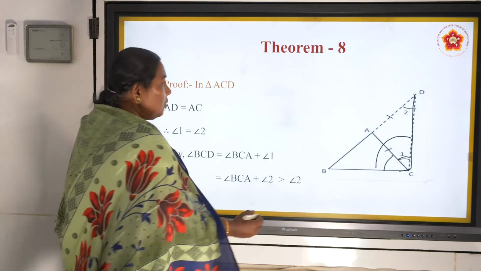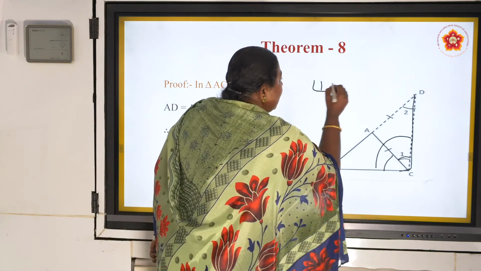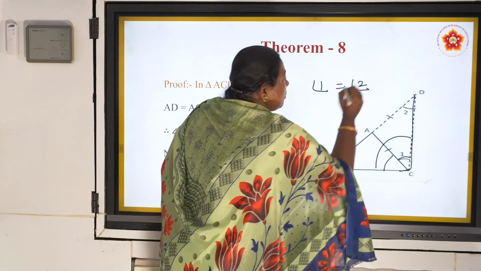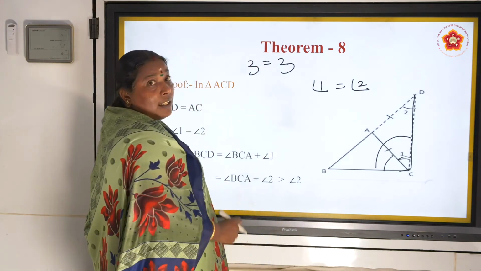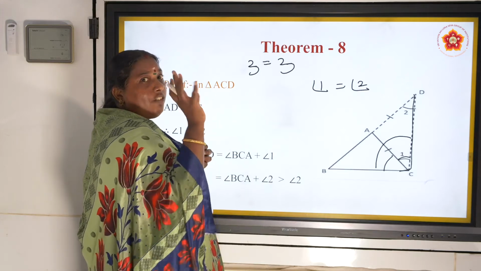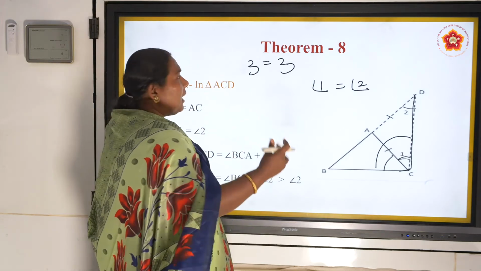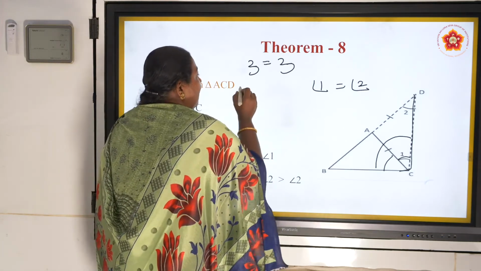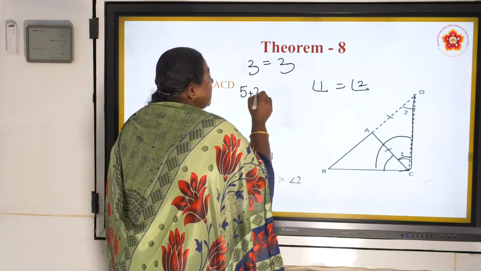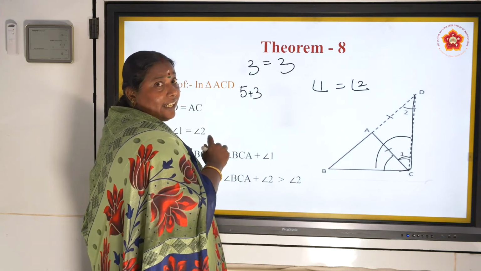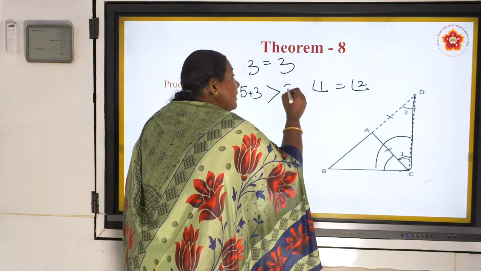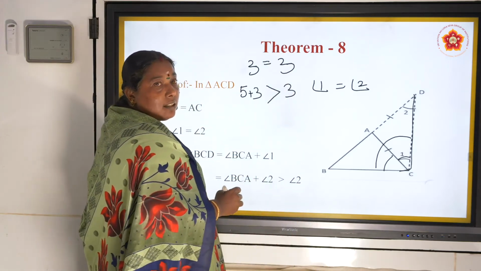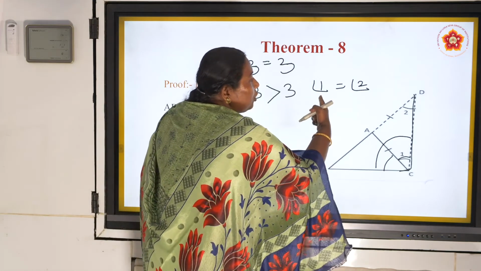Okay. Now angle 1 is equal to angle 2. That means 3 is equal to 3. Now I am giving a 5, or any number, to one side. I am adding 5 plus 3. Now can I write that both are equal? Not possible. I have to write 5 plus 3 is greater than 3, right? The same thing I am going to do here.